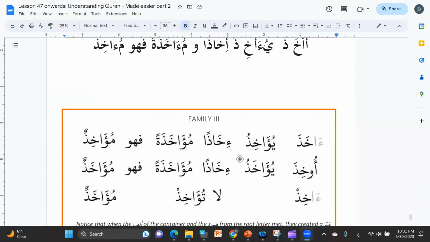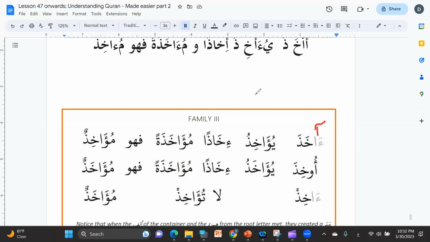So you can see over here, akhaza yuakhizu ikhazan, muwakhazatan fahuwa muwakhizun. Then ukhiza yuwakhazu, again ikhazan. Again the second masdar muwakhazatan fahuwa muwakhazan.